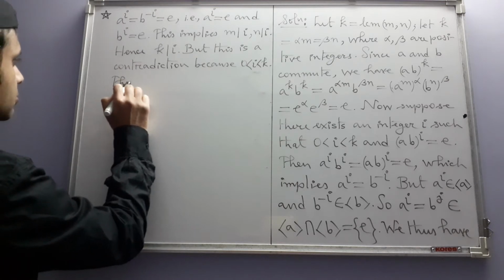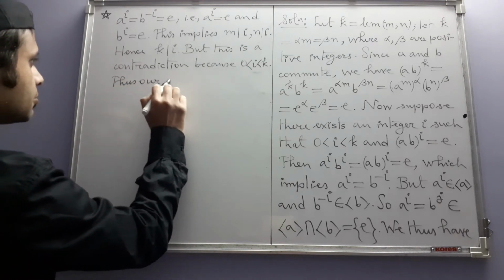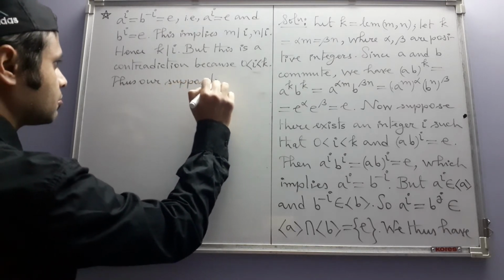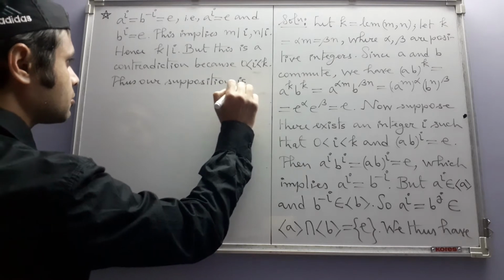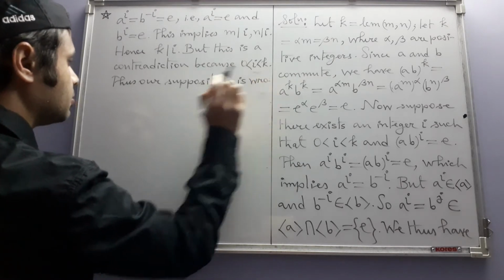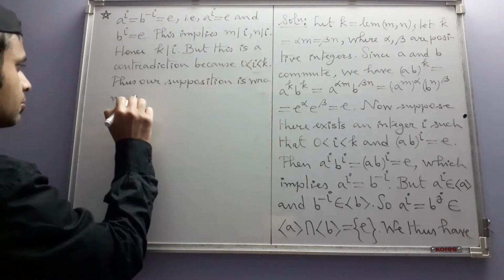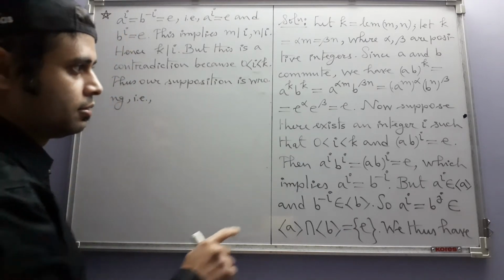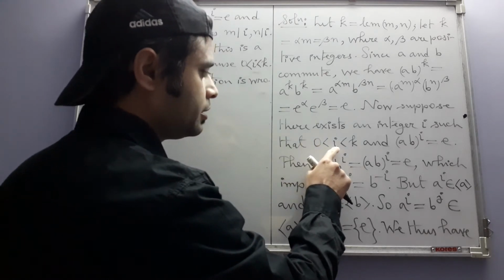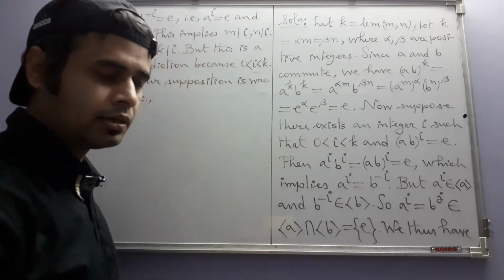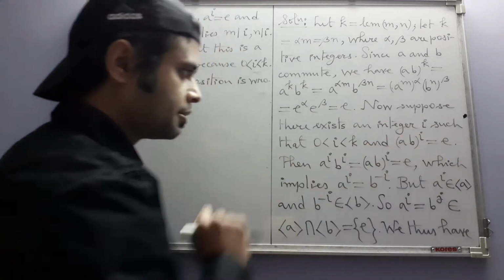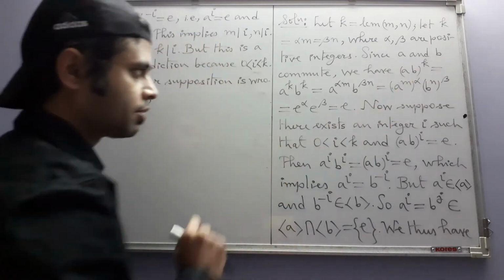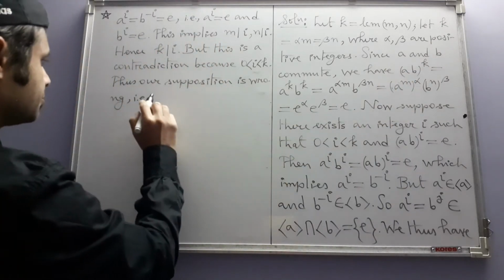Thus, our supposition is wrong. That is, no positive integer I smaller than K can make this equation true. That means K is the smallest positive integer for which we have this.